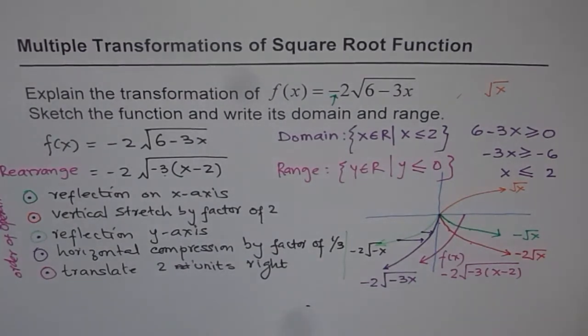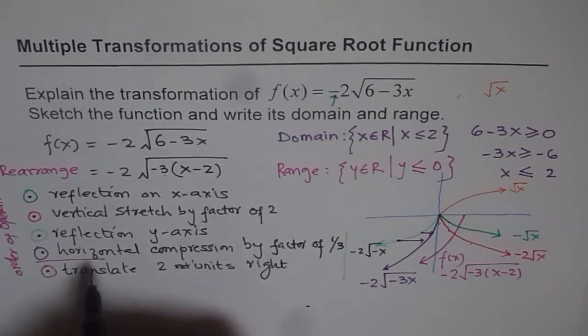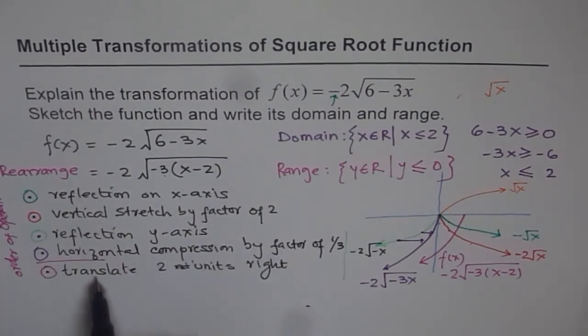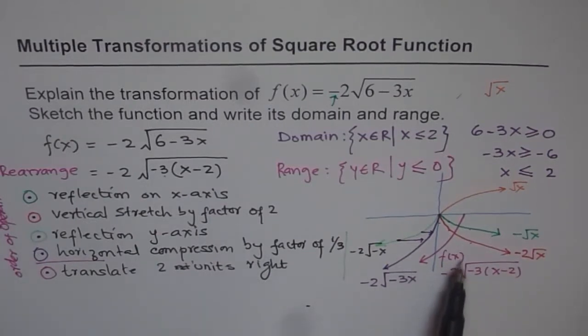Multiplications first and then addition, subtraction. That means stretches and reflections first and then translations. So that has to be at the end, okay? You could change that order, doesn't matter, but you can't mix translation with any one of them. So maintain that. And then follow your steps of transformation to sketch the graph.